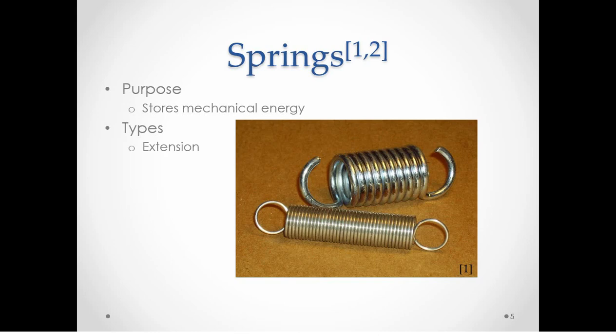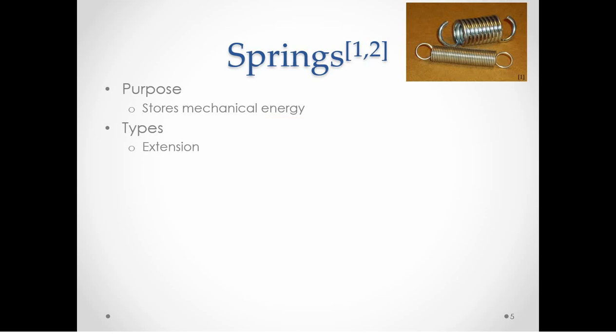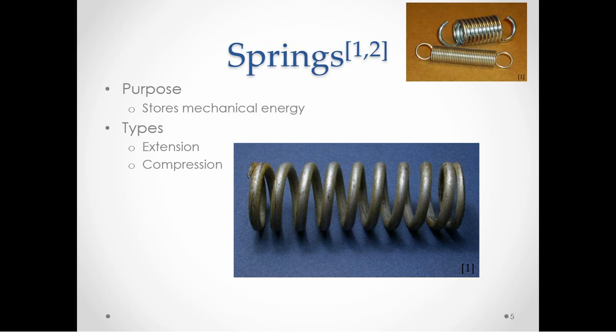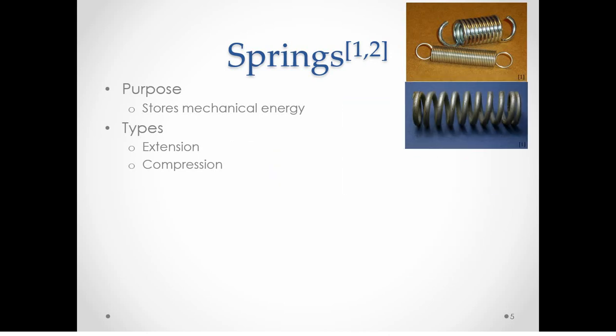Extension springs are formed with a coil of wire that is loaded in tension. As the force exerted on the spring increases, the spring's length increases. Compression springs, also made with a coil of wire, are loaded in compression. As compression force exerted on the spring increases, the spring's length decreases.